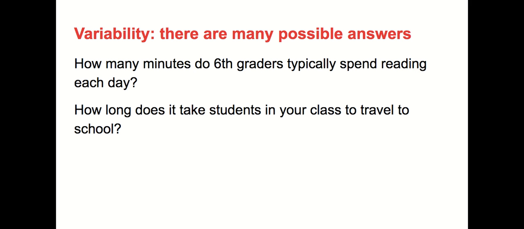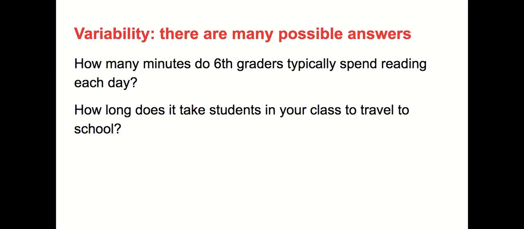Another word that you're going to see is variability, where there will be many possible answers to a question. For example, how many minutes do sixth graders typically spend reading each day? Sixth graders spend all different amounts of time. Some people read for hours and some people read far less.